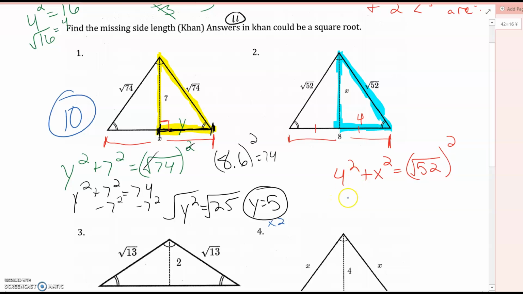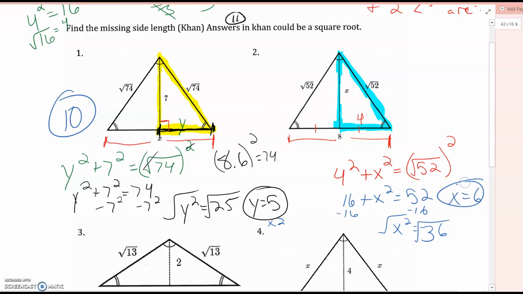So then I'll have 16 plus x squared equals 52. So subtract 16. x squared equals 52 minus 16, 36. Square root, x equals 6. Now, some of you guys would be like, okay, so this one, x, I needed x here, right?